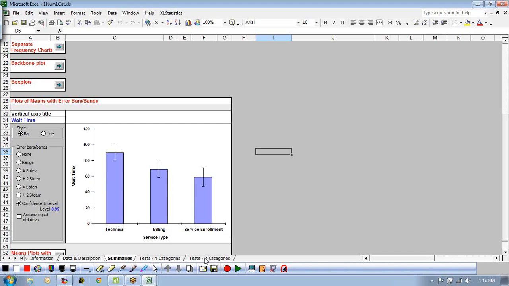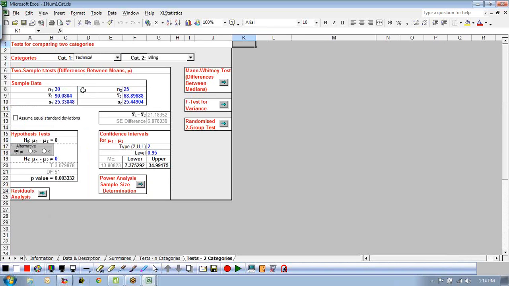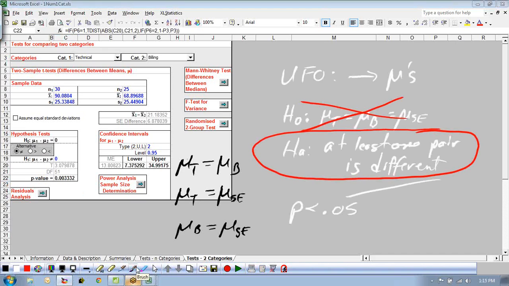So to do the 2x2s, remember there are three of them in this case. Let's go over to here. First, let's compare technical and billing. We have a non-equality, and there it is. We find that that is indeed different. They're significantly different. So I'm just going to go ahead and circle that one. So I'll circle technical and billing here.